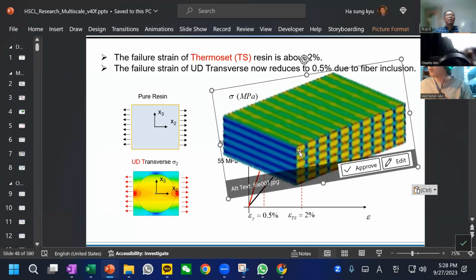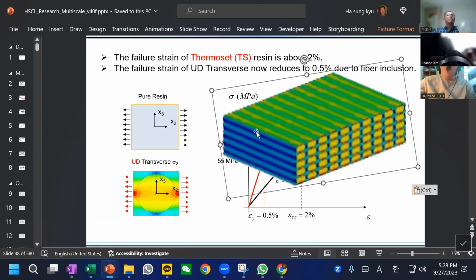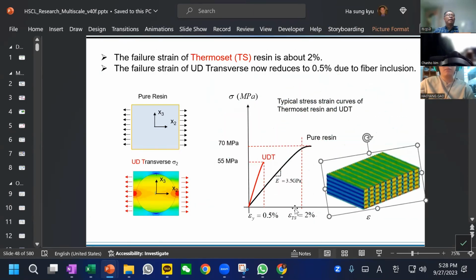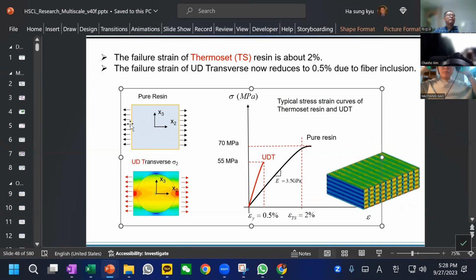Just consider one small part here. Imagine there's all resin, and then one fiber is just put in there, and we try to compare the property of the resin in this direction.